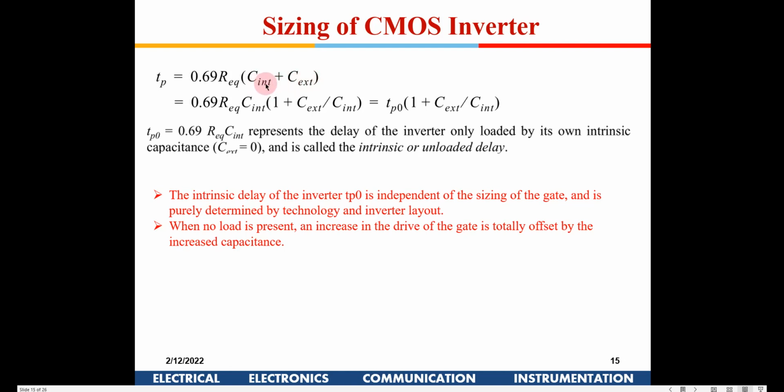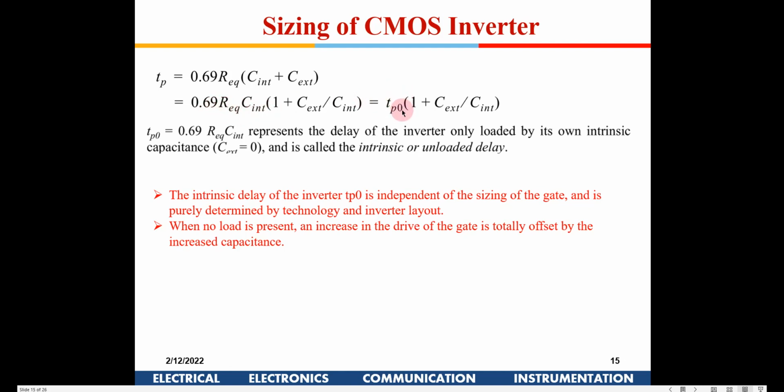One is known as C int. Int doesn't mean interconnect, it means the intrinsic capacitance here. C external means the interconnect plus the load capacitance. So if I take out the C internal common here, 0.69 R equivalent and C internal.